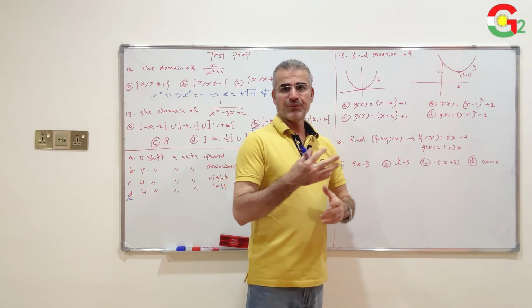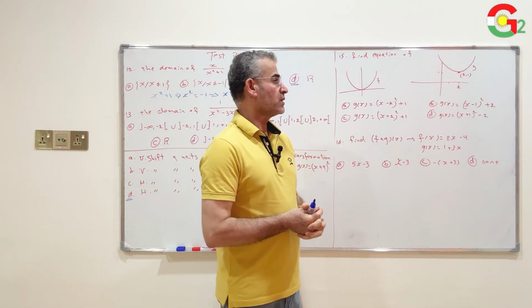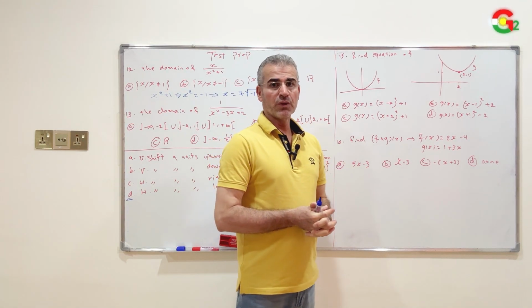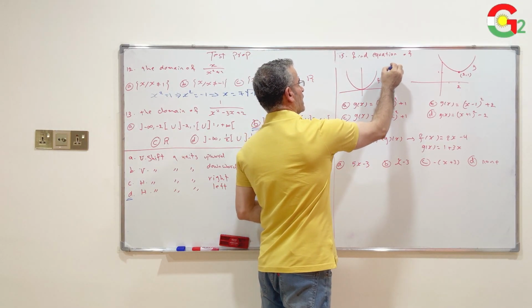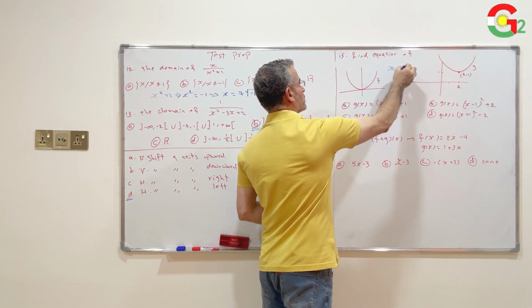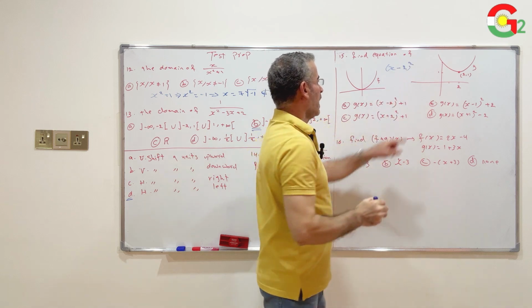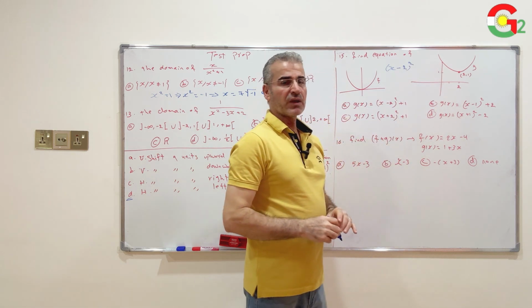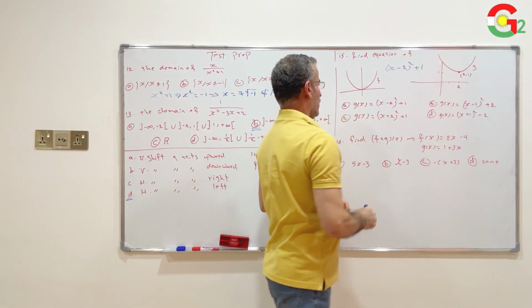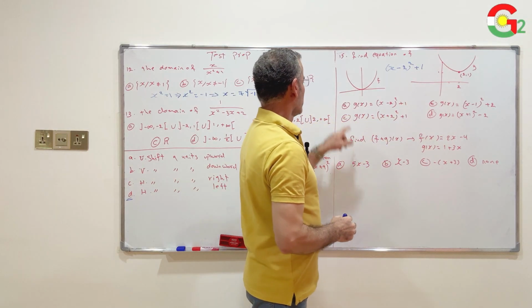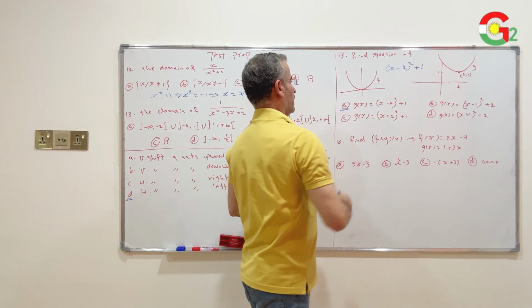Then I have a horizontal shift 2 units to the right. Then the equation is x minus 2 squared, and a vertical shift 1 unit up, plus 1. The right choice is A.